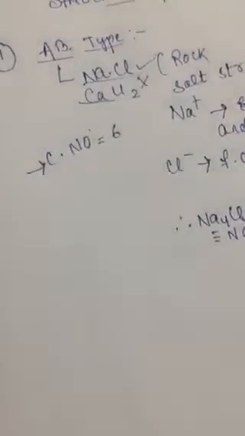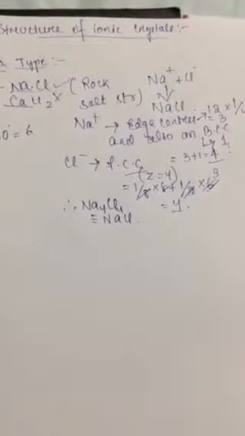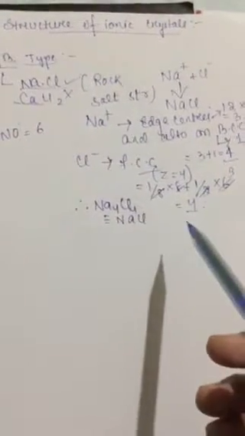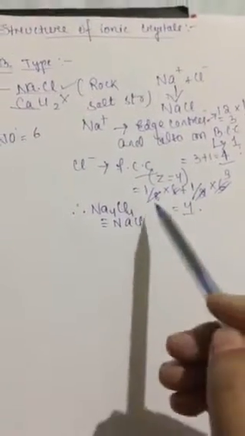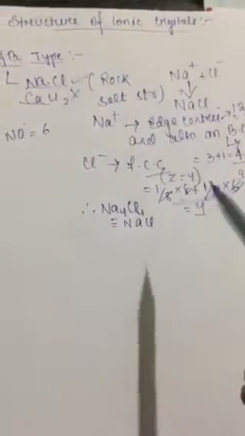We'll read about how it comes about. The main thing is this concept, which you need to understand: AB type, NaCl, rock salt structure, Na plus and Cl minus, NaCl, edge centers 12 into 1/4 is 3, also BCC 1, 3 plus 1 is 4, Cl minus also 4, FCC Z is equal to 4. I have recalled how this was. If you don't remember these things at all, then please go to the previous videos and understand them well.